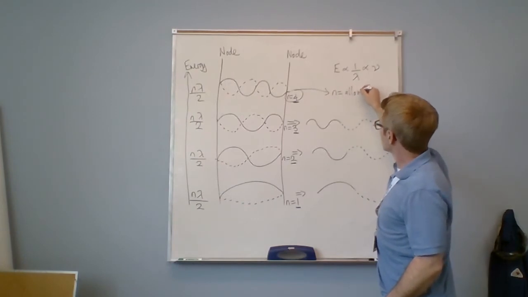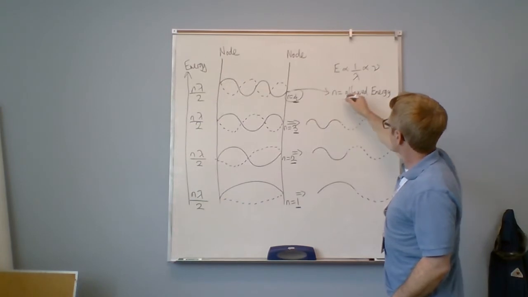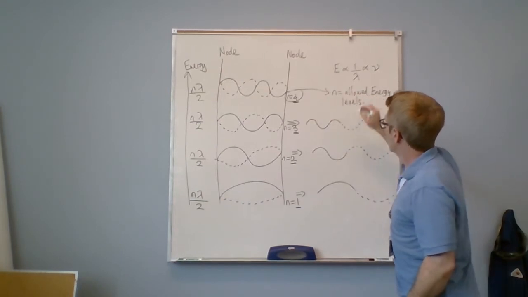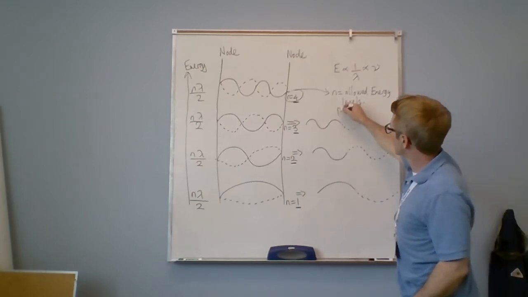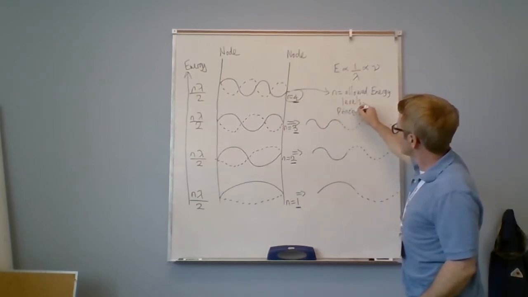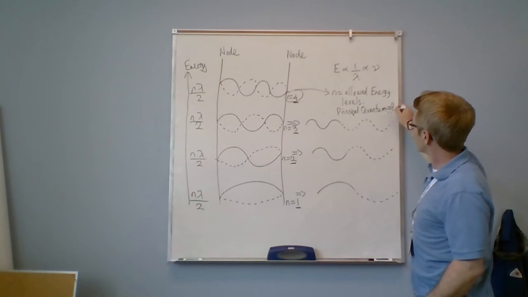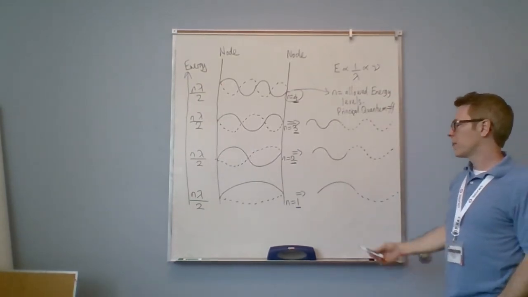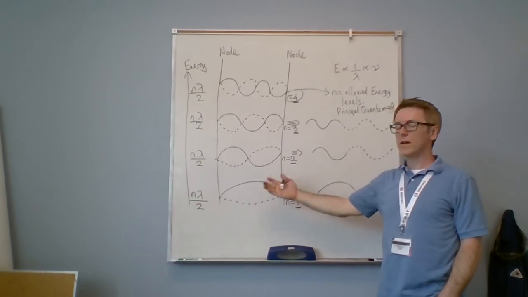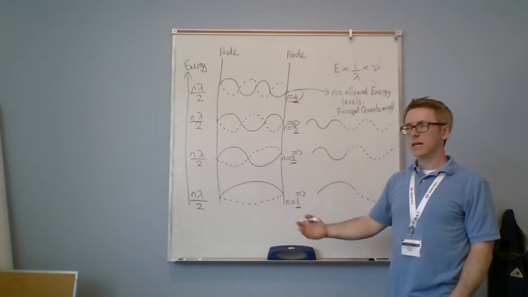These are allowed energy levels, which in chemistry are called the principal quantum number. The origin of this principal quantum number is making sure that the wave nature of the electron is allowed and leads to the existence of atoms.